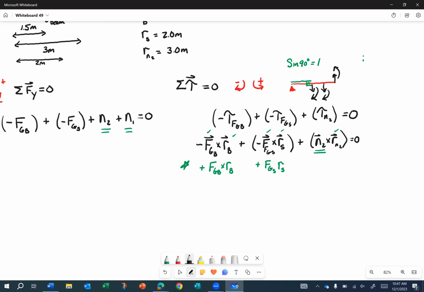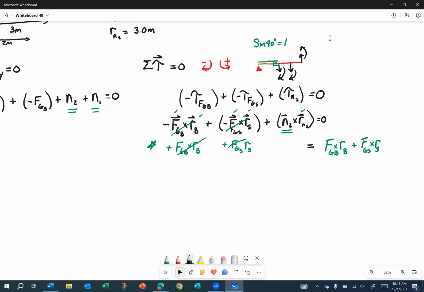On both sides. So that's going to equal, on this side, I add those over there, right? So on this side, I have the force of gravity of the beam, lever arm of the beam, plus force of gravity of the student, lever arm of the student. So those get crossed out on this side.